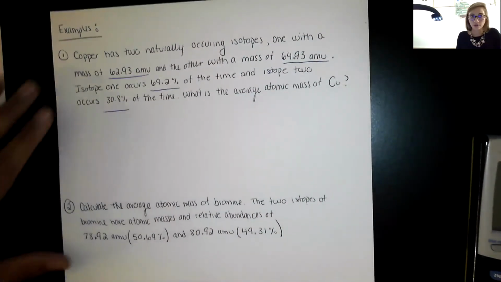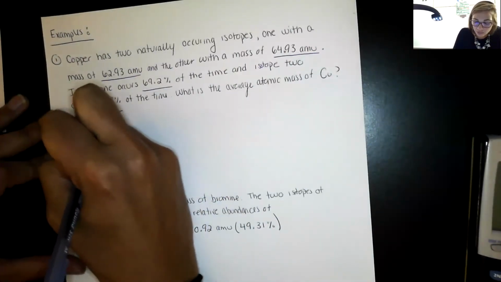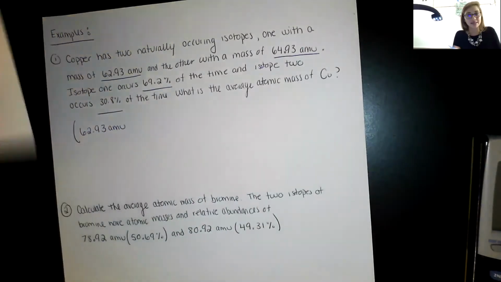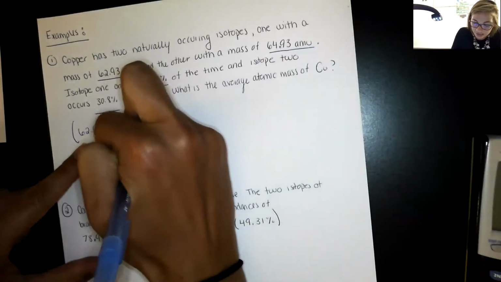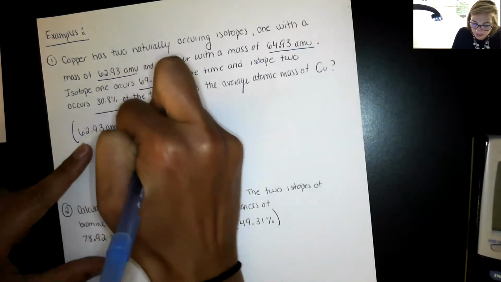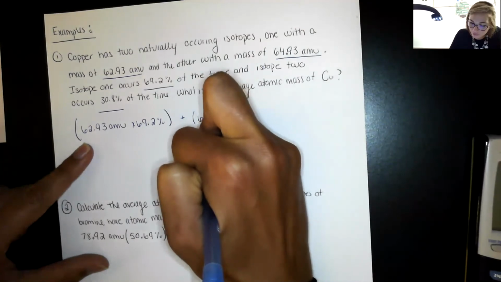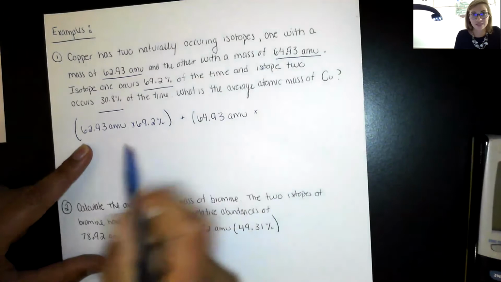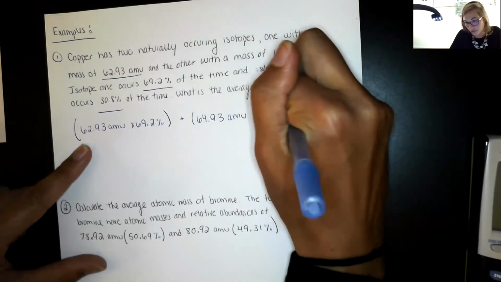So 62.93 AMU is the mass of isotope 1, and we multiply it by its occurrence, 69.2%. Then we add it to 64.93 AMU times its natural occurrence, 30.8%.